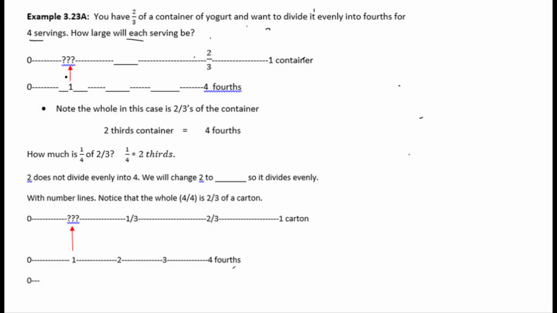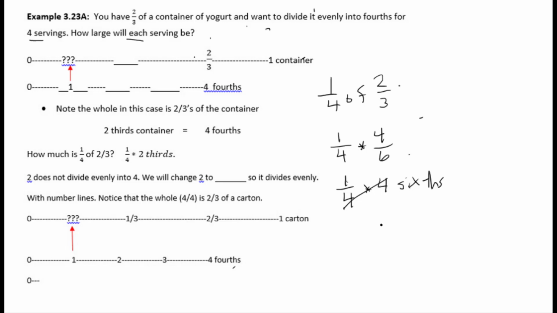So we're just going to review a little bit. Going back to this problem, we had to find 1/4 of 2/3. And we changed the 2/3 into 4/6. So 1/4 of 4/6. And I can rewrite it like this: 1/4 of 4/6. The 4s cancel because 4 divided by 4 is 1, and I get 1 times 1, which is 1/6.